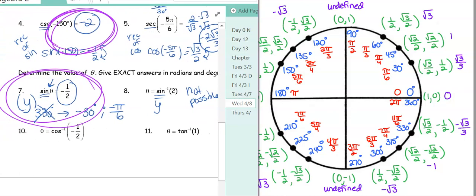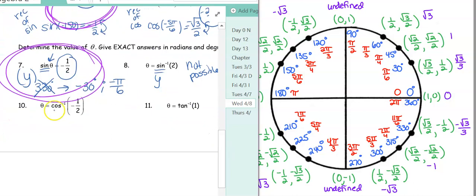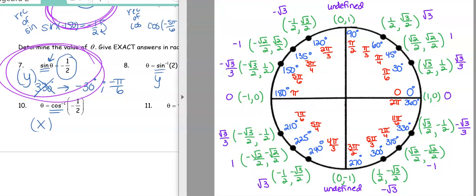We're almost done. Which angle gives us a cosine, an x value, of a negative 1/2? Cosines move left and right. Since it's negative, where do I go left 1/2? I look at my unit circle. I'm going left 1/2.